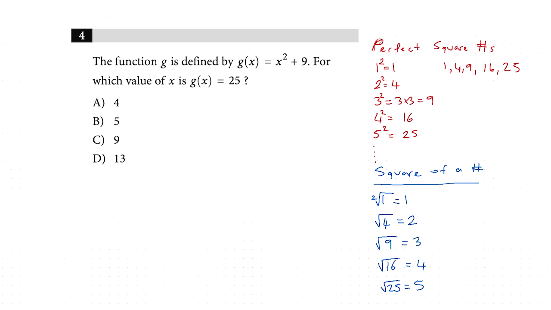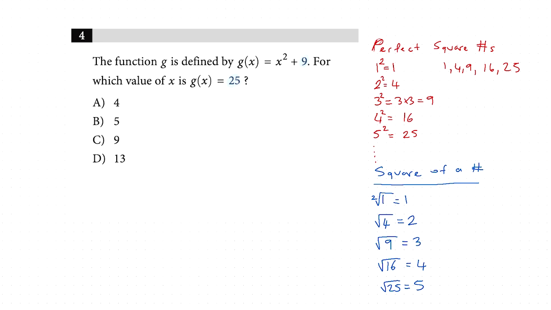As you see here, 9 and 25 are perfect square numbers. Now let's go back to the question and start to work on it.